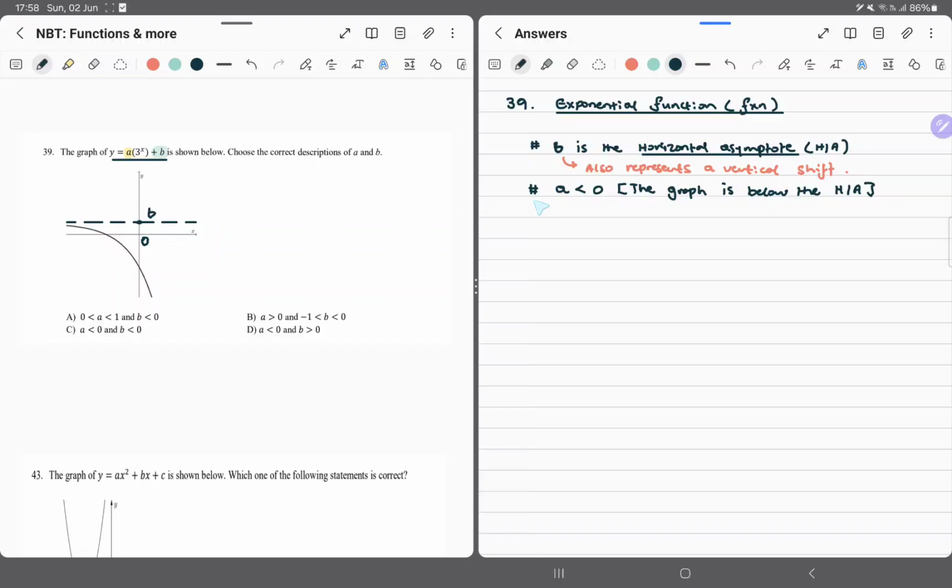Great. But we can also appreciate that our base of the power is greater than 1. Remember, the base must always be greater than 1, or less than 1 and at the same time greater than 0, but it cannot be equal to 1.